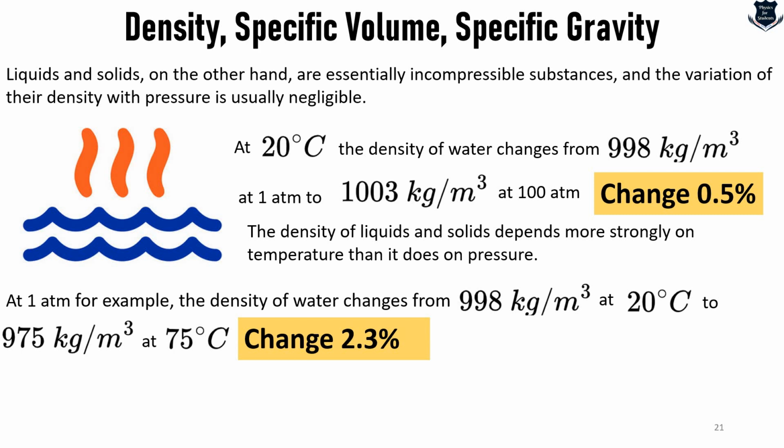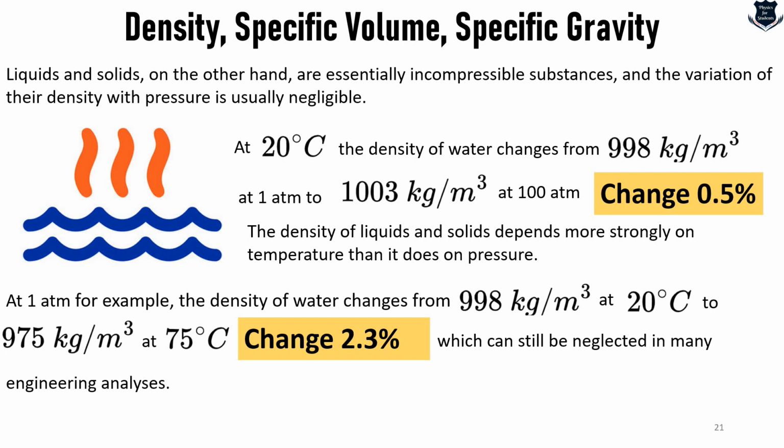It changes by 2.3%, which is so small that we can neglect it in many physics and engineering analyses. This is a simple example to help you understand how the density of water changes with temperature, and how it changes at the same 20 degrees from 1 atm to 100 atm.